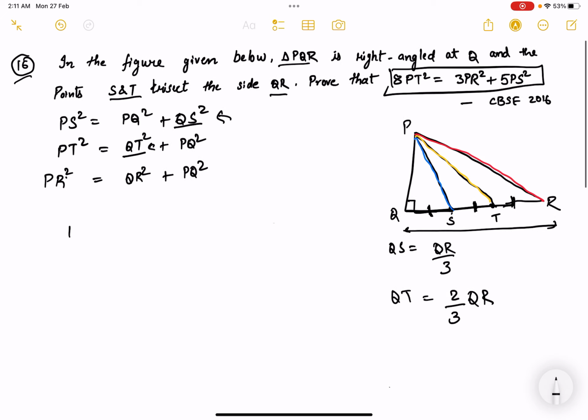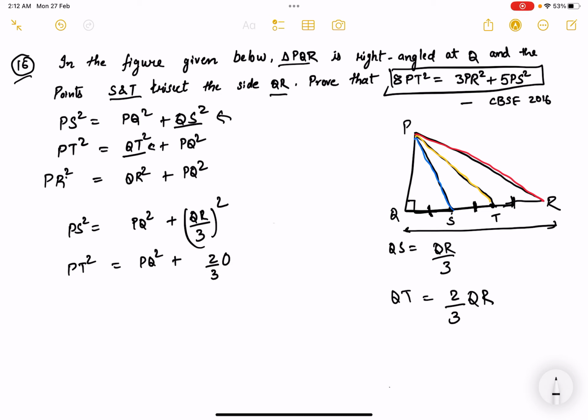So substituting we get PS square is equal to PQ square plus QR upon 3 whole square, and similarly PT square is equal to PQ square plus, instead of QT we'll substitute 2/3 QR whole square.